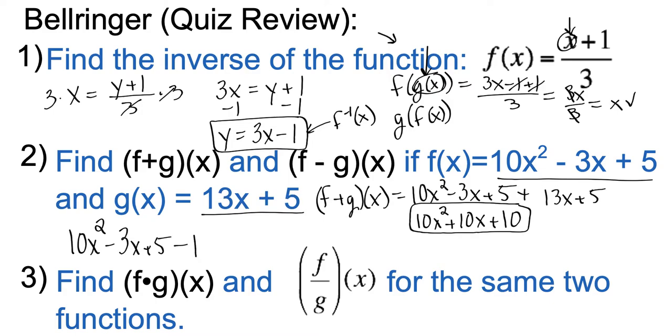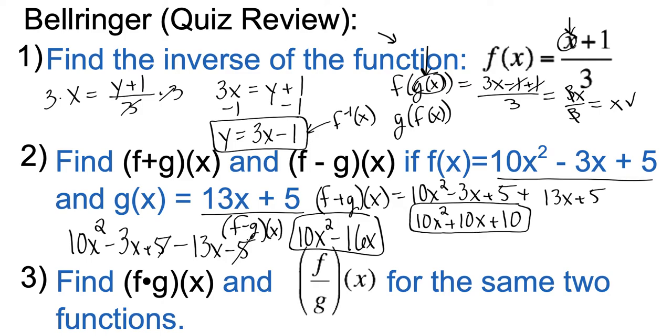So I'm just going to write it where the signs are switched. Okay, and then we just combine like terms again. So this would get me to a 10x squared, and we have a minus 3x and a minus 13x, so that's minus 16x. And then a positive 5, negative 5, those will cancel. So this is all we get for f minus g of x. Okay, and you need to label those like so.